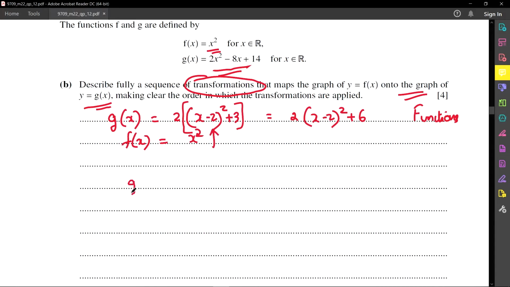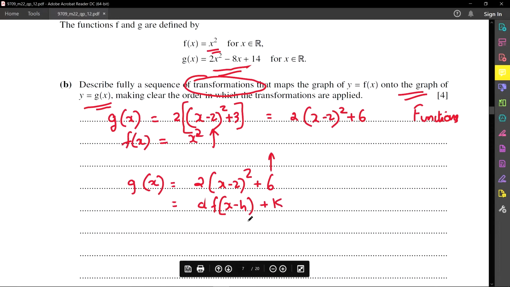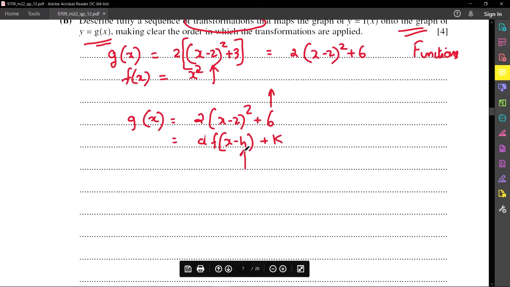So if we compare this, if you look at the g of x, it is 2 times x minus 2 whole square plus 6. This corresponds to, because if you want to write it exactly, it is something in the format of a into f of x minus h plus k. And this h corresponds to the horizontal translation, and this k corresponds to the vertical translation, and here the vertical transformation with a stretch factor.